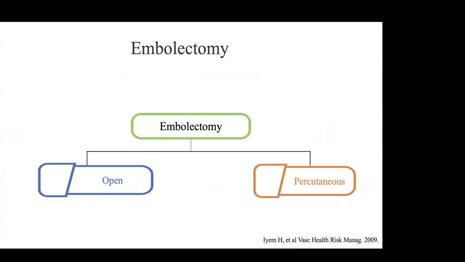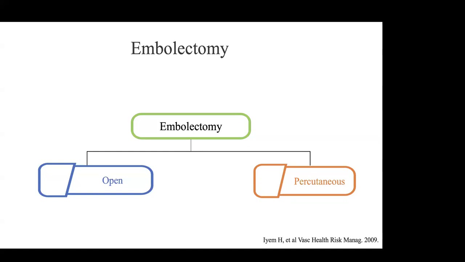Then going to embolectomy. Embolectomy can be classified into open embolectomy and percutaneous embolectomy. In open embolectomy, you make the incision and pass the Fogarty's catheter.